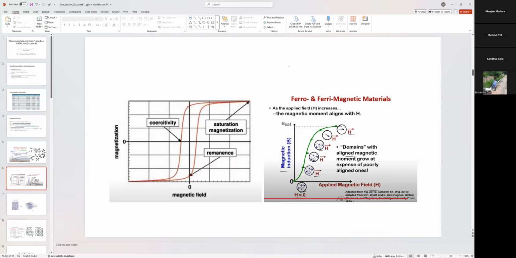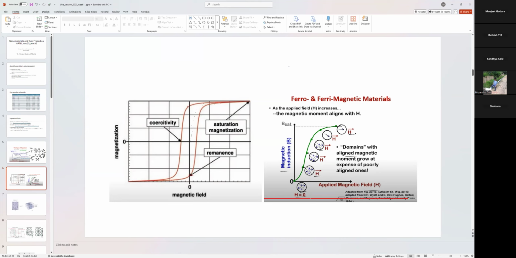There is no more rotation possible. In this curve, that was the case if you're starting from zero.